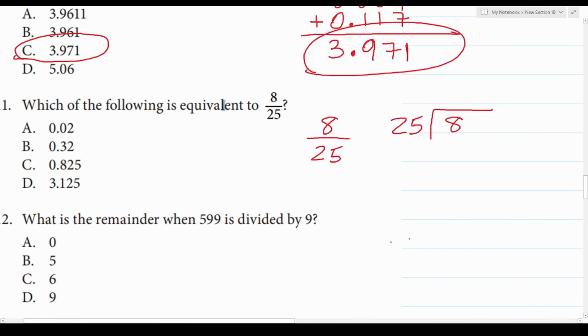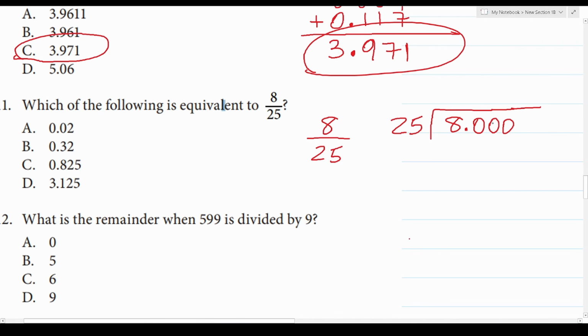Okay? And now we're just working on some long division here. We're asking ourselves, how many times does 25 go into 8? It doesn't. So I'm going to have to add a decimal and a 0 placeholder here. And as a matter of fact, I'm going to add a couple 0 placeholders in case we need them.